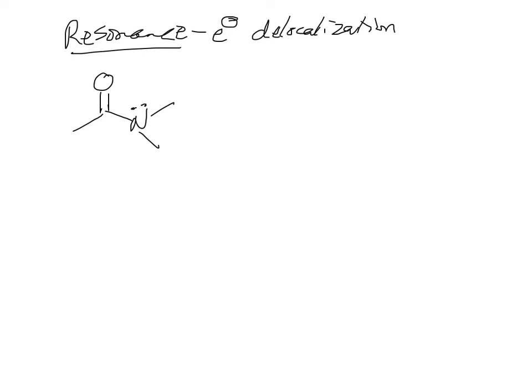So a carbonyl, C double bond O, bonded to a nitrogen. We're talking about IR and the C double bond O stretch, and how things bonded to this C double bond O affect that stretch.